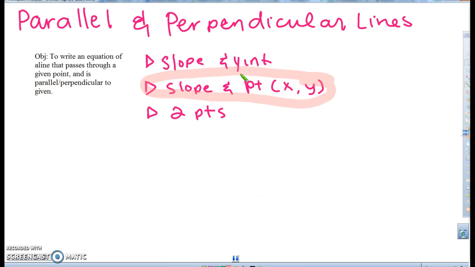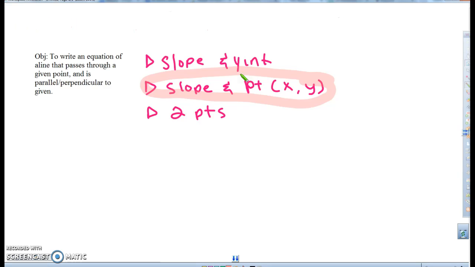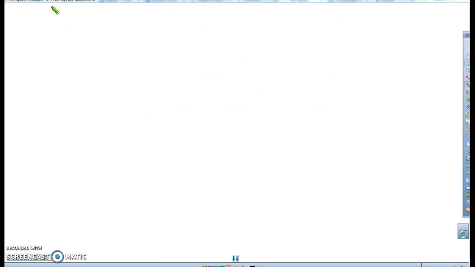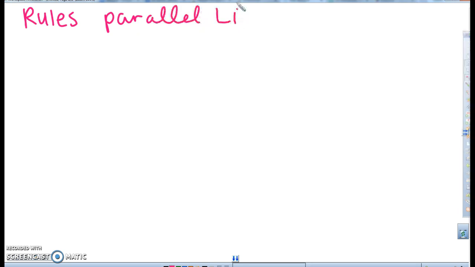Okay? So, first of all, we have to talk about a couple rules. And I know rules are not so much fun. But let's talk about rules for parallel lines first. The abbreviation for parallel, so you don't have to keep writing it, is these two diagonal lines next to each other.